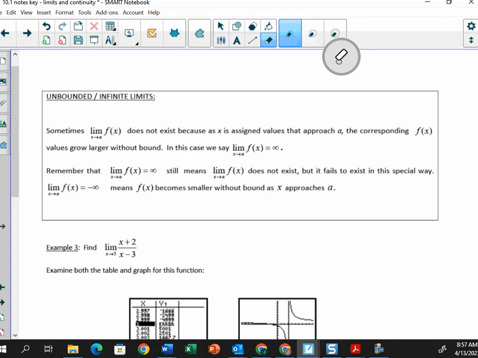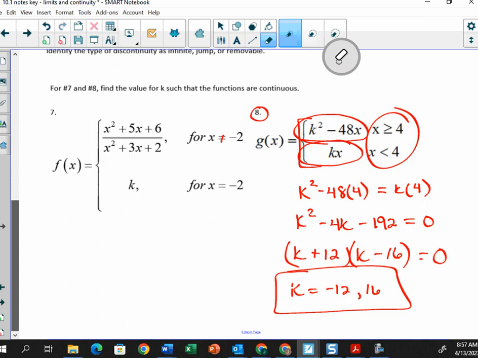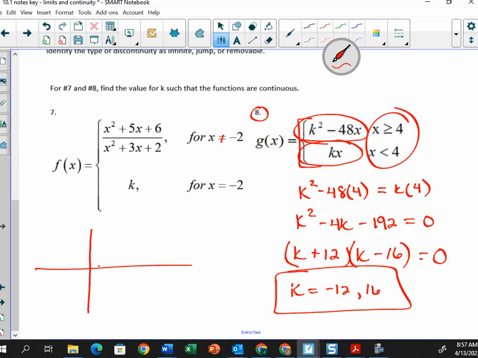So at 12 and 16, in the graph, they would meet. So at x equals 4, and this is not going to be easy to graph, but let's say k was 16. So the bottom one, 16x, you'd get what? What is 4 times 16? 64. So it's way up here, right?